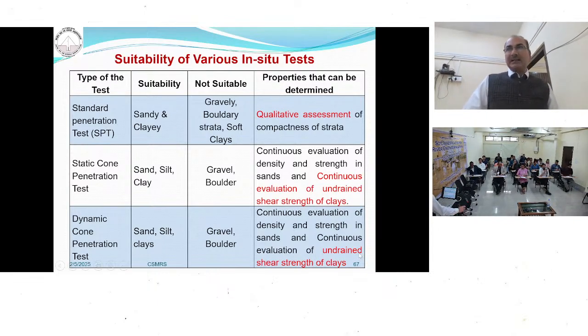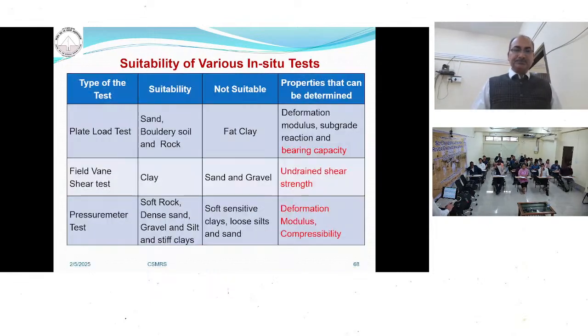I will come later to how the machine looks and how we conduct it. For now, just see where they are applicable or not. It gives the same as the static cone penetration test; they are both the same, with a little difference. I will tell you later what that is.